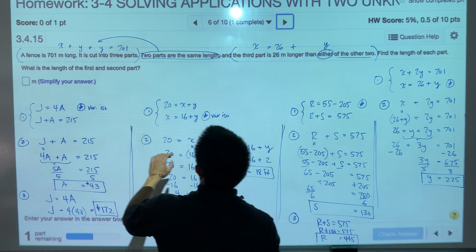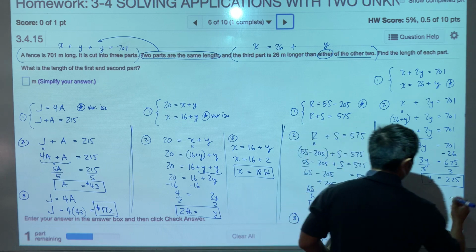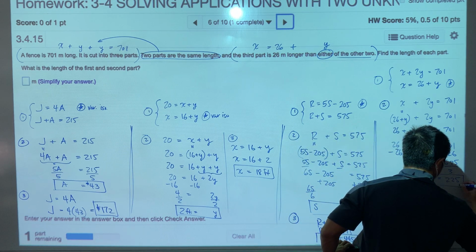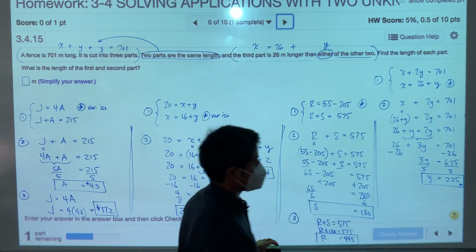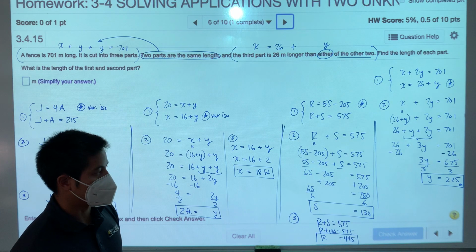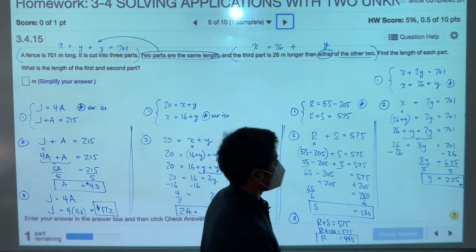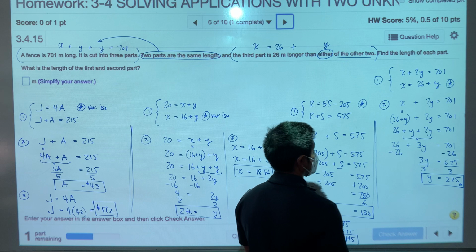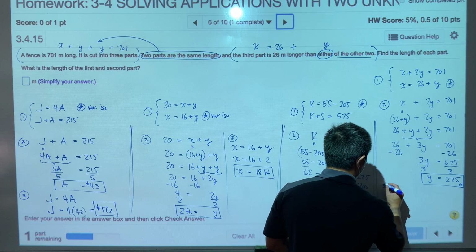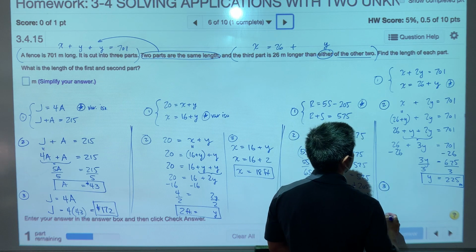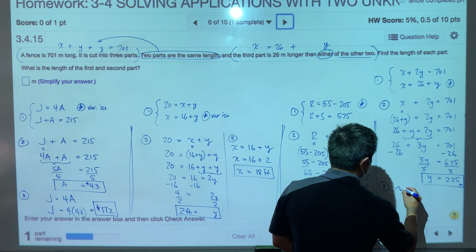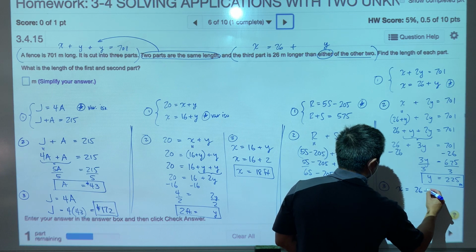And that's going to be 225 meters, if you want to be accurate about it. Meters, 225 meters. That's why I put a little m there. And then finally, I can go back and solve for the other piece. So the other piece is x equals 26 plus y.